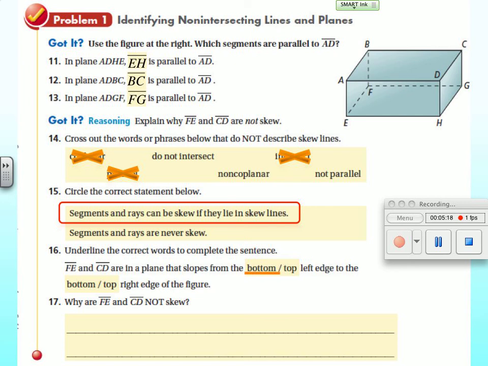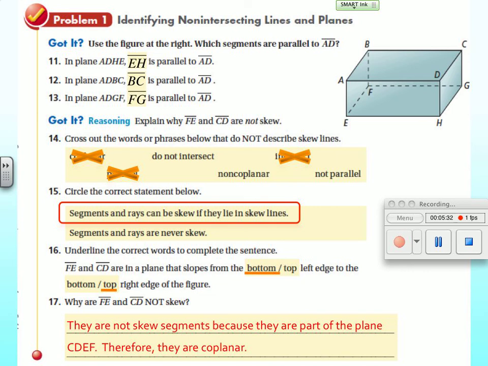So why are segment FE and segment CD not skew? They are not skew segments because they are part of the plane CDEF, therefore they are coplanar. And in order for a line to be skew, it must be non-coplanar.